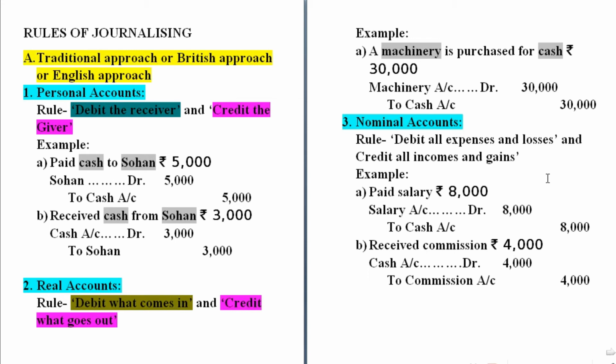The rule that we have to follow in your nominal account is we have to debit all the expenses and we have to credit all the incomes and gains.